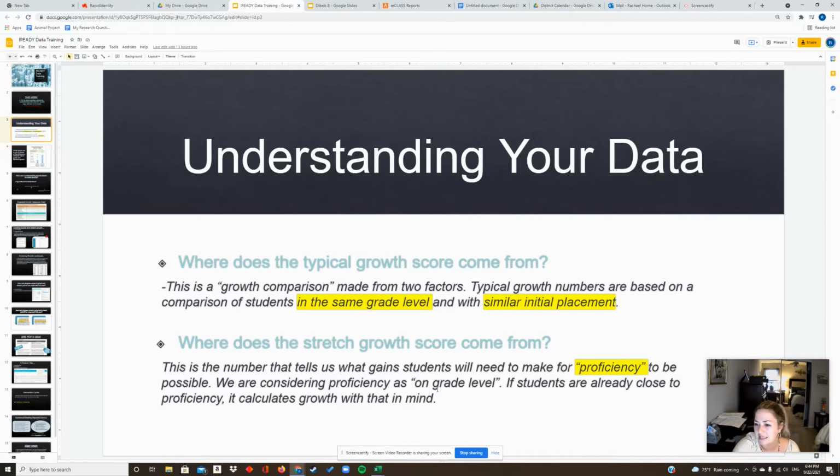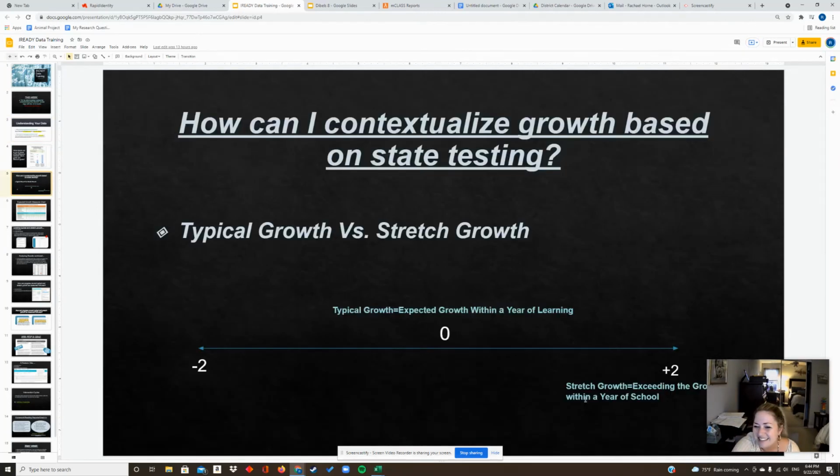So kind of like what it would take to get them to then above grade level. This is a visual representation because I'm a visual person of, again, typical growth versus stretch growth on that number line Matt was talking about. So 0 point typical growth, what we expect in 1 year of learning, and the +2 where we really want students to be moving towards, and that's stretch growth.